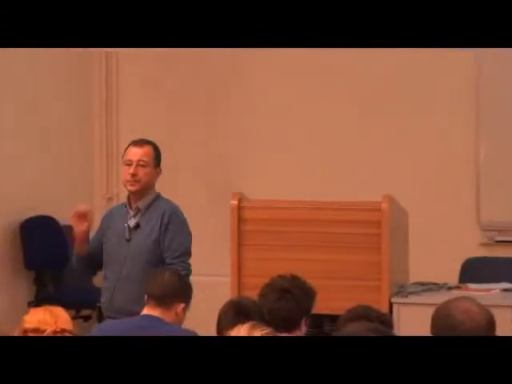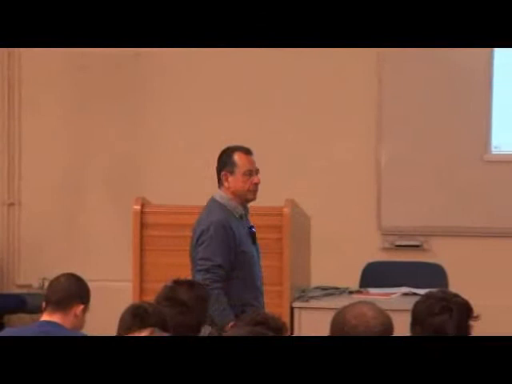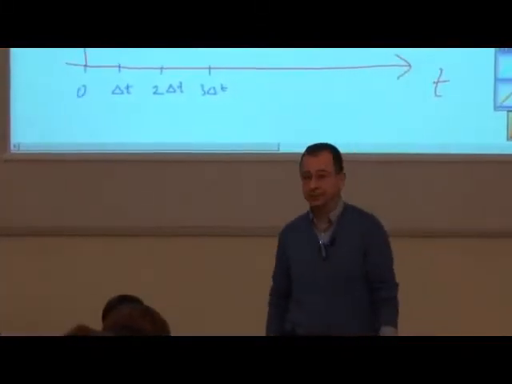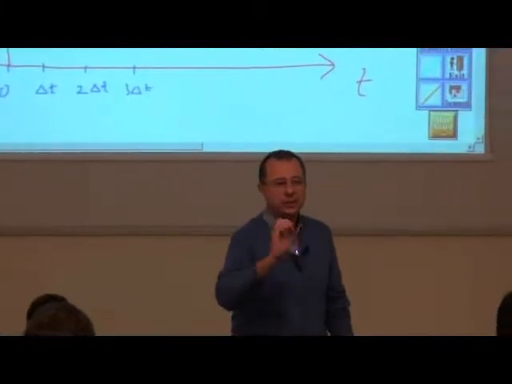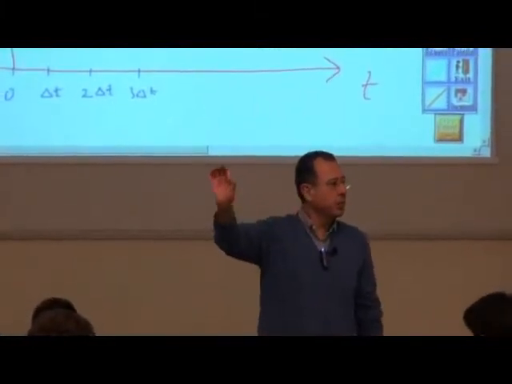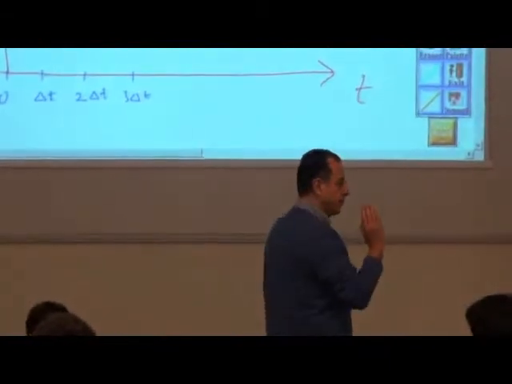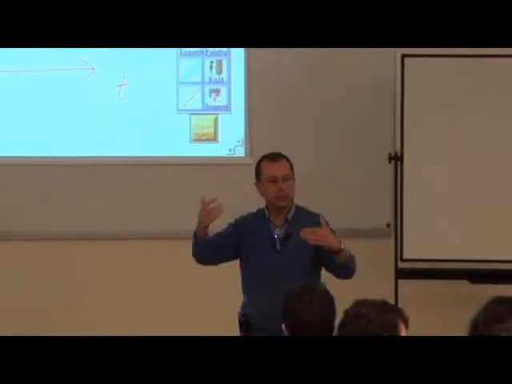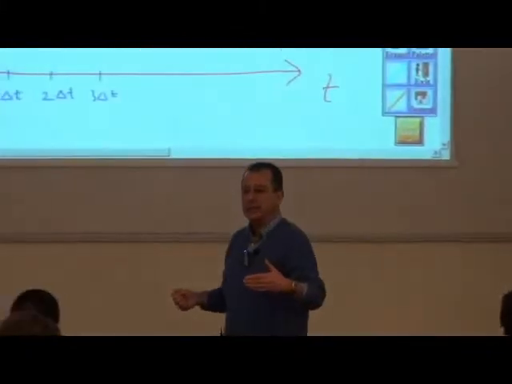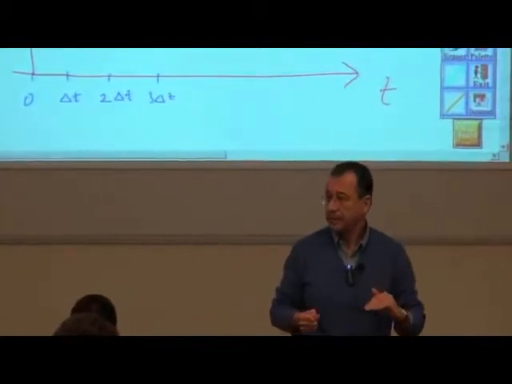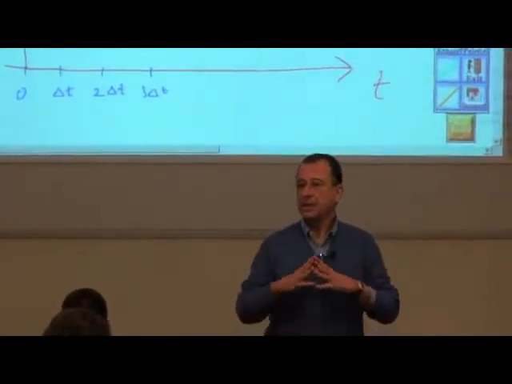Last week, we learned about calculating velocity. If you are given the position of a moving object as a function of time, you know where it is at each moment in time, then you can find its velocity.